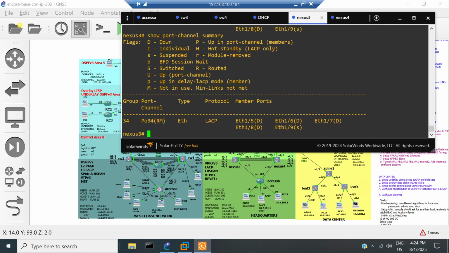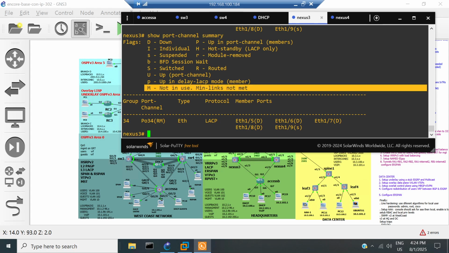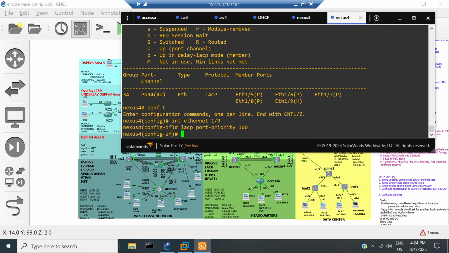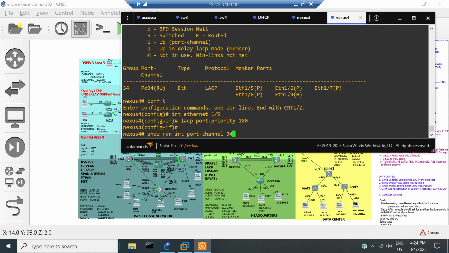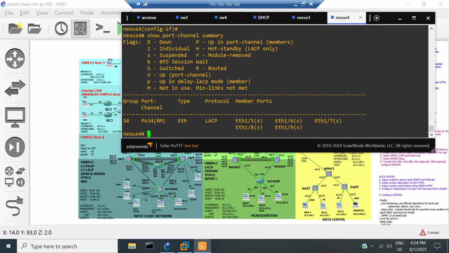Now, given only one link remains up, this is not complying with the min links configuration of 2, so now the status is M, capital M. Remember, capital M means not in use due to min links not met. So we don't see a capital D here as down, but we see a capital M because not in use due to min links not met.